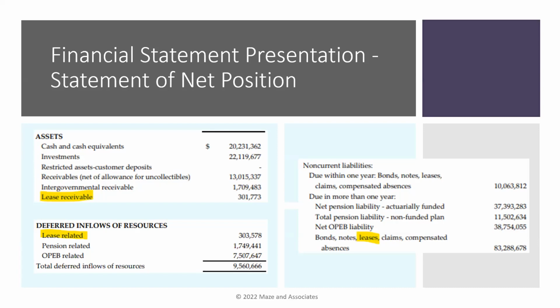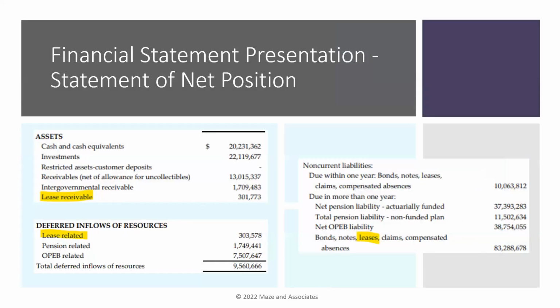And then on the other side, for the full accrual funds and the entity-wide statements, you're going to have a lease payable. Now, where it's going to go depends on the titling of your non-current liabilities. Some of you, it's going to be on its own line. Others of you, it's going to be in a line called long-term debt and long-term liabilities, something along those lines. It's going to depend on the presentation that you provide.